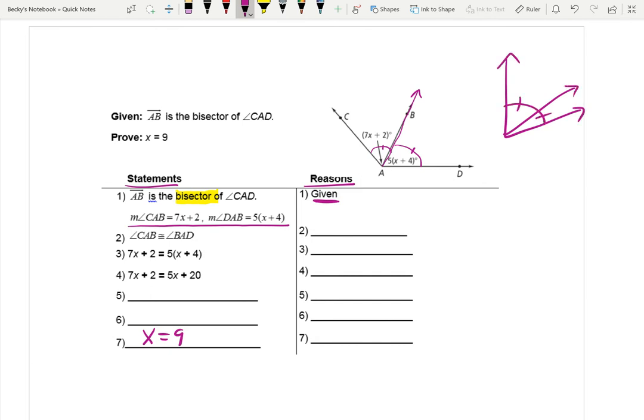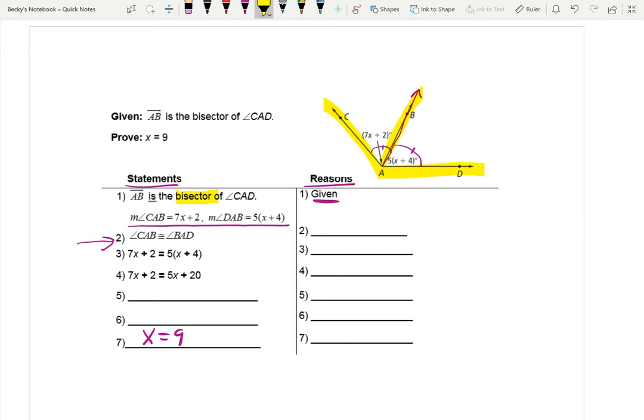But if I put that marking on there, that indicates, even though my picture is not great, I want those to be congruent, the same measurement. And again, congruent means they're the exact same degree or measure. So how do I know this? What vocab word tells me that angle CAB, which is this angle, is the same as BAD?